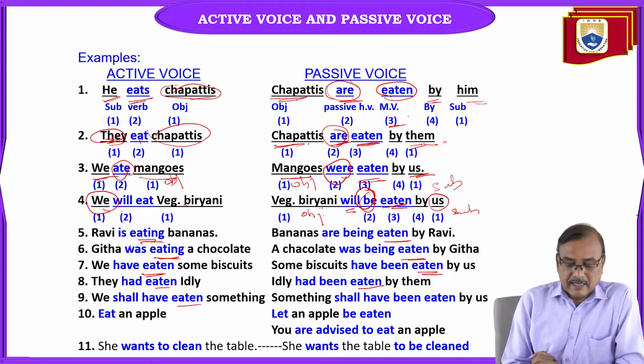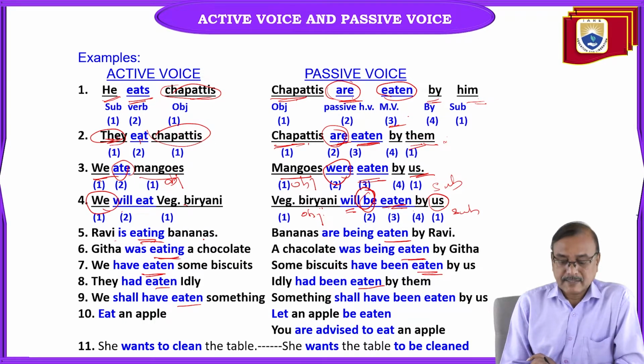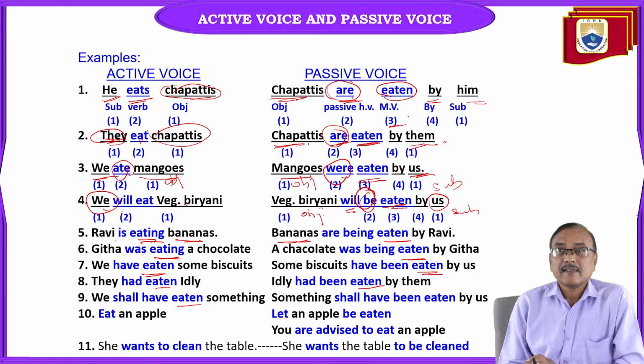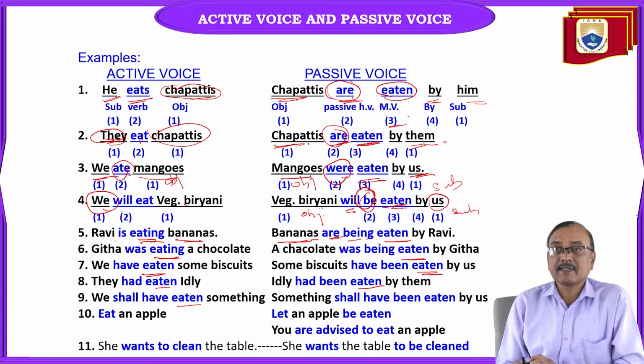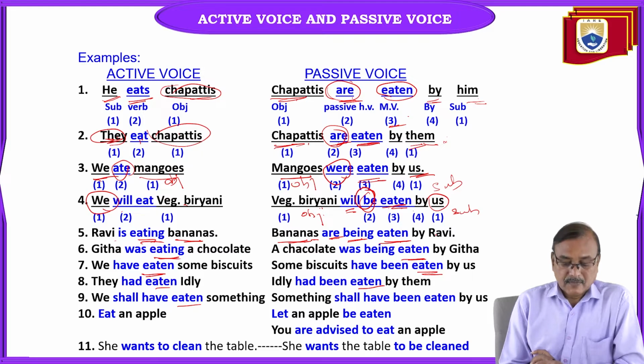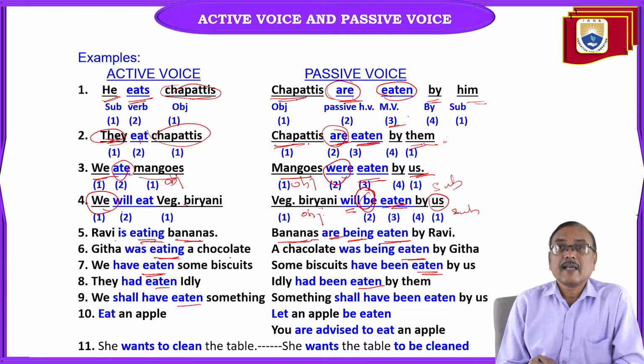And you see here, Ravi is eating bananas. Since bananas is plural, here we are using are instead of is. Bananas are. What extra are we using? Being. Eaten by Ravi. Geeta was eating a chocolate.